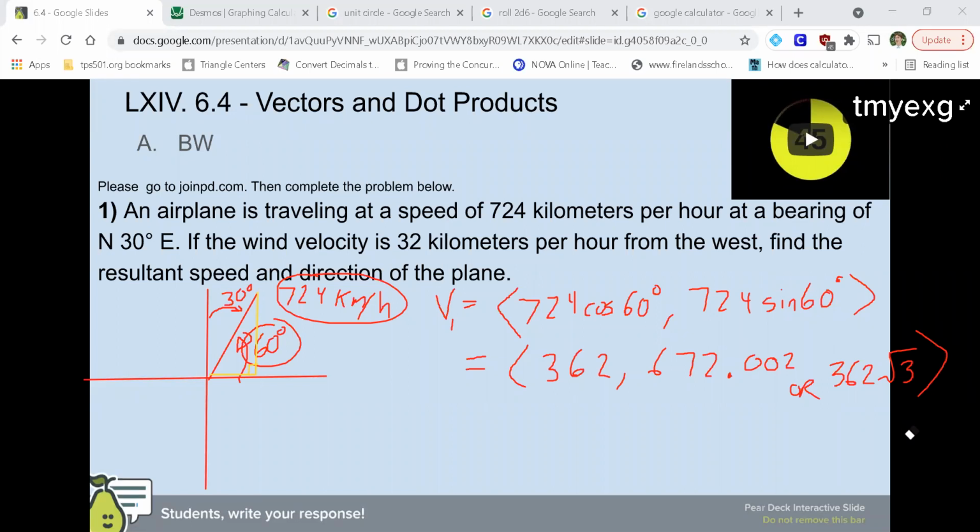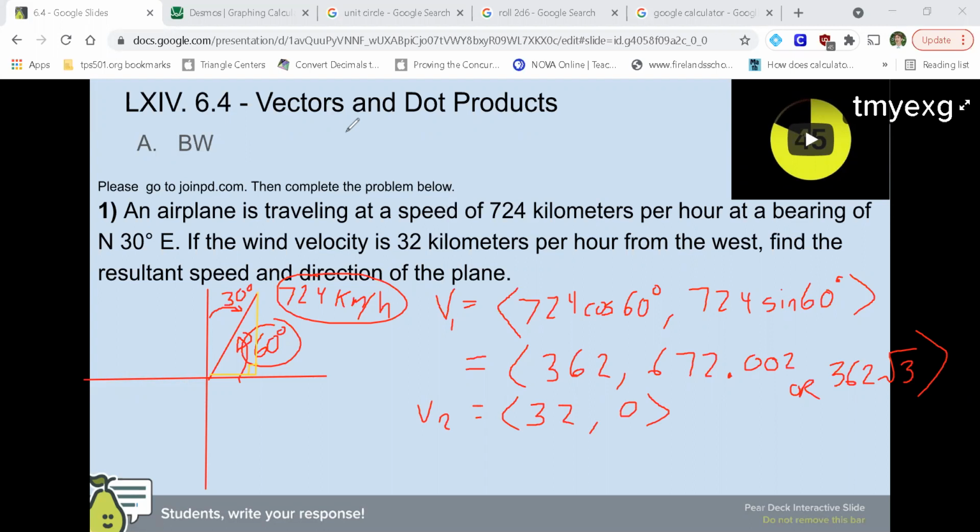All right, the second one is even easier to write as a vector, the wind. Because the wind is just going directly from the west, it'd have an angle of 0. And we could write it simply as 32, 0.